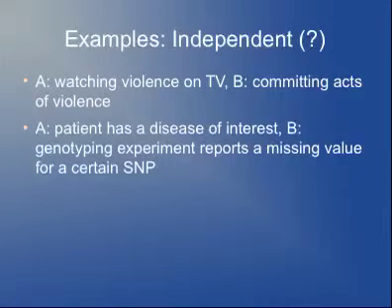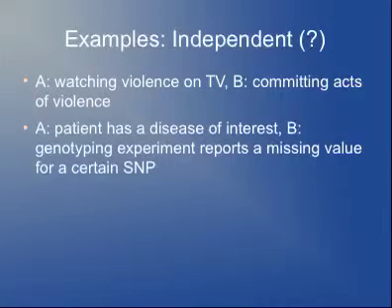Maybe this SNP is really associated with the disease of interest, and maybe the call rate is higher for one version of the SNP than the other. In that case, the missingness and having the disease wouldn't be independent.